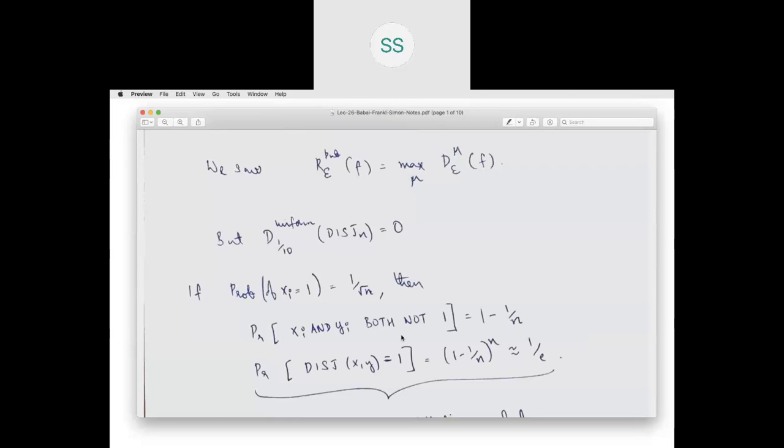We'll use another distribution, not the uniform one, and show that under it the distributional complexity is at least square root n.